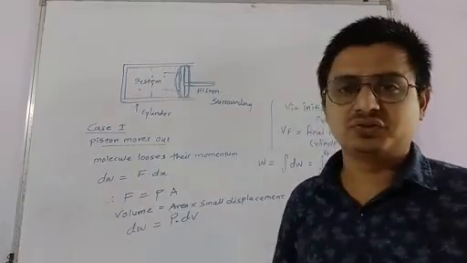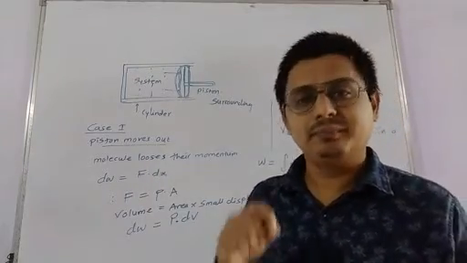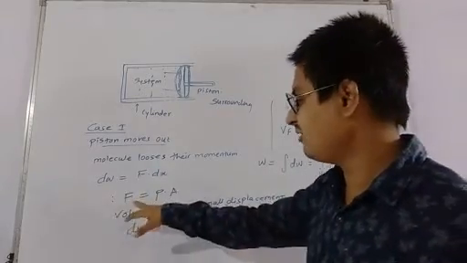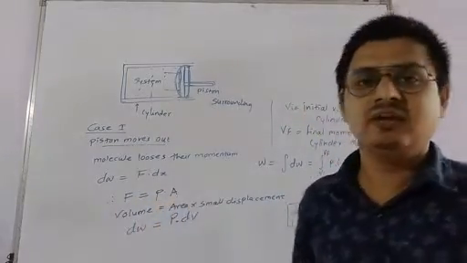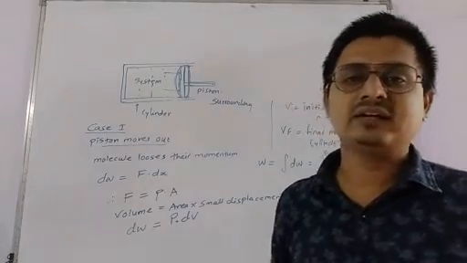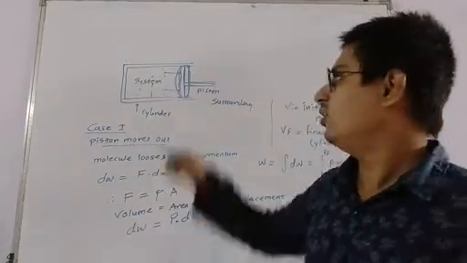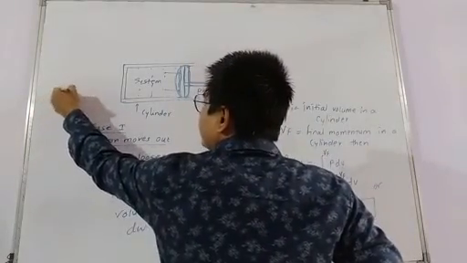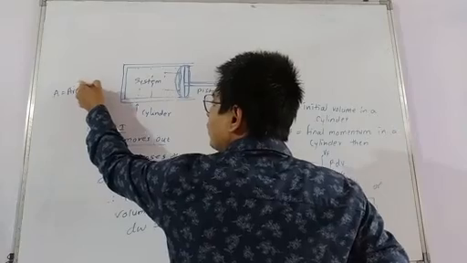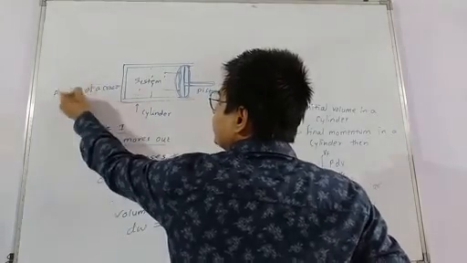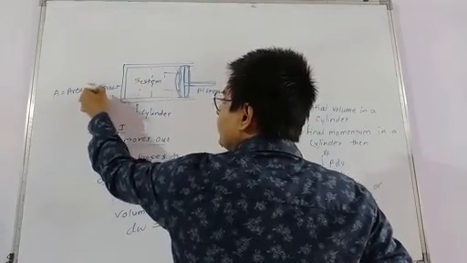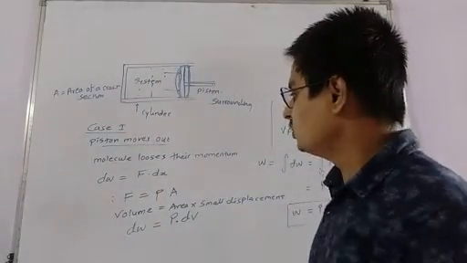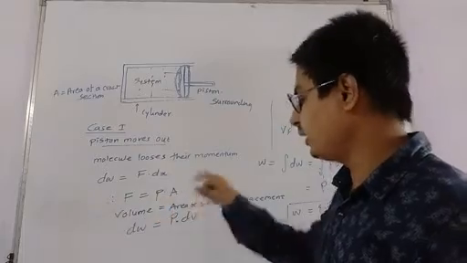And the force given by the gas or the molecules of a gas on a piston will be F is equal to P into A, where P is the pressure inside the gas, A is the area of cross section. Let us say ये जो A है that is area of cross section. In case of cylinder, it will be a circular shape. So force is equal to pressure into area.